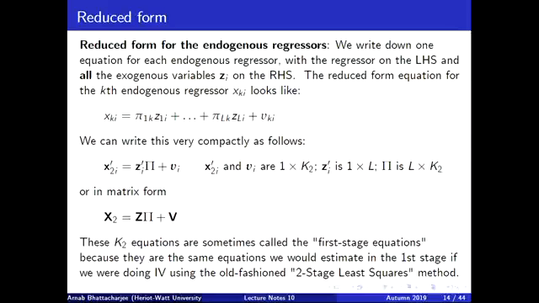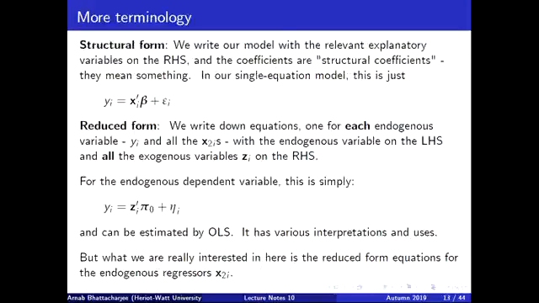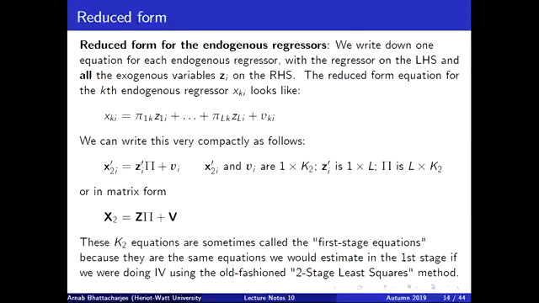In matrix form, that is x2 equal to z pi plus b. Whenever you see pi in this lecture from now on, think that these are reduced form coefficients that don't have structural interpretation. Whenever you see beta, that has structural interpretation. So these equations are sometimes called first stage equations. Why?